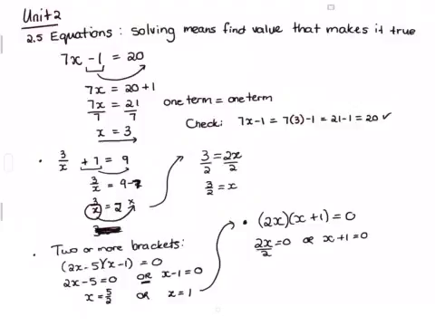This one you're going to put both sides over 2. So x equals, and remember 0 divided by anything that's not 0 equals 0, or x equals -1. So the number of brackets is going to tell you how many possible answers you can have.